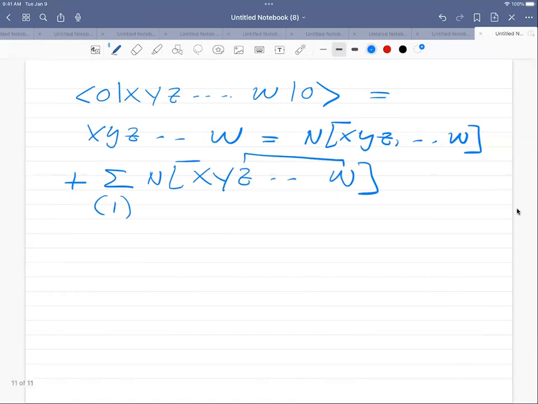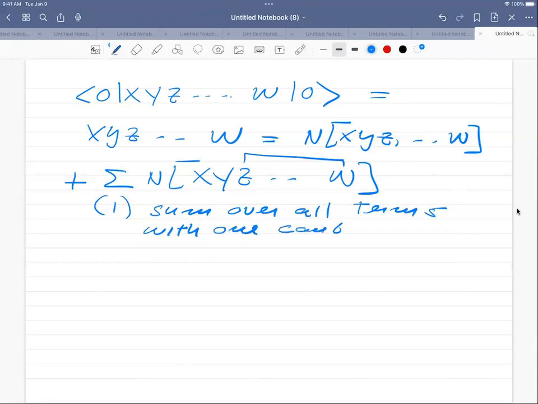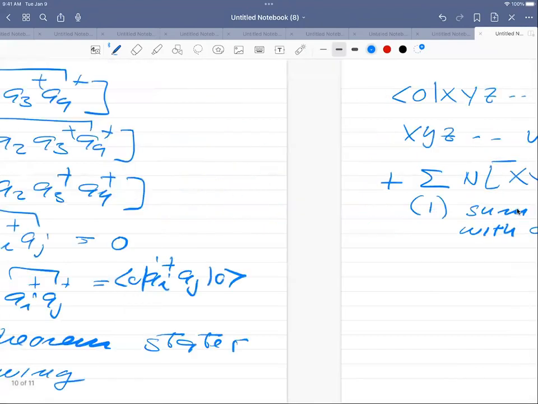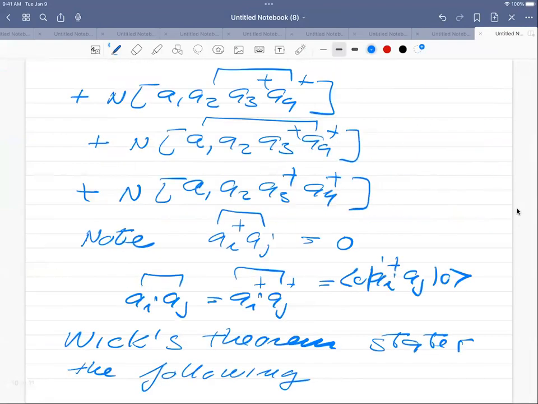So this is the sum over all terms with one contraction. And we see that immediately if we now go back to the expression which we had here. You see now that there is a term with one contraction here.